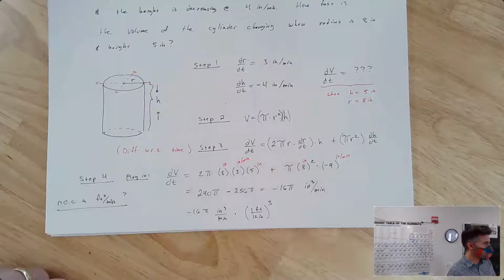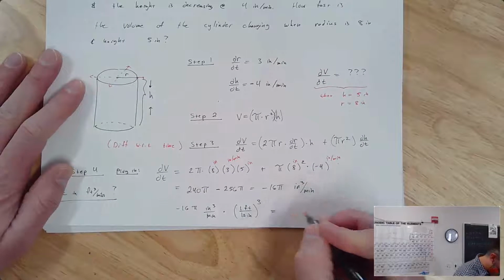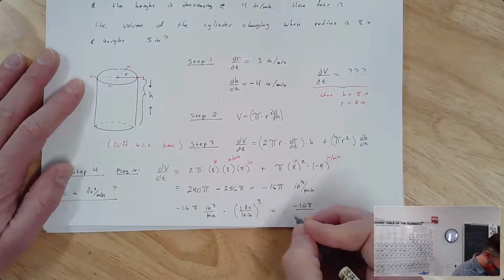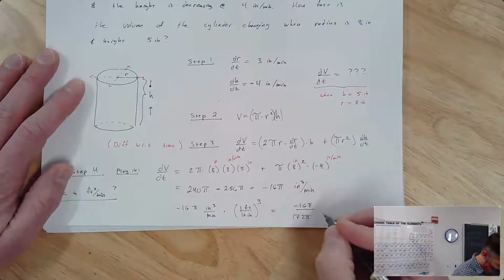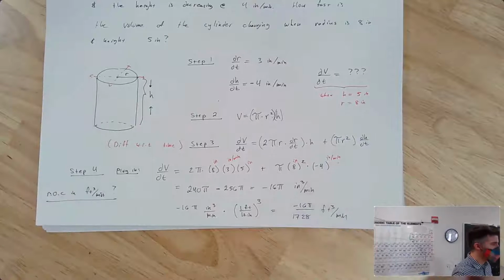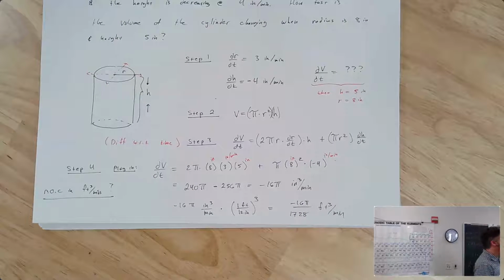So that answer would end up being negative 16 pi over 12 cubed cubic feet per minute, if you really wanted to do it. You don't want to do it that way, though. I should back up. You do want to do it that way if that's what they're actually asking you. That's the easiest way to change from one unit to the other. But no one should be asking this, I hope. It's kind of unnecessary.